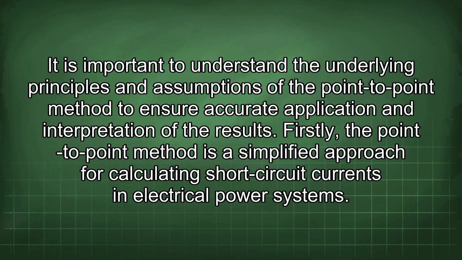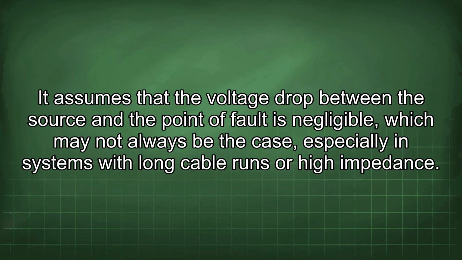It is important to understand the underlying principles and assumptions of the point-to-point method to ensure accurate application and interpretation of the results. Firstly, the point-to-point method is a simplified approach for calculating short-circuit currents in electrical power systems. It assumes that the voltage drop between the source and the point of fault is negligible, which may not always be the case, especially in systems with long cable runs or high impedance.